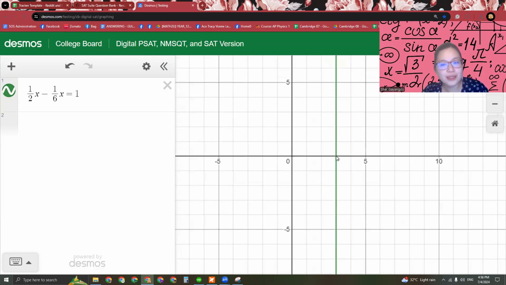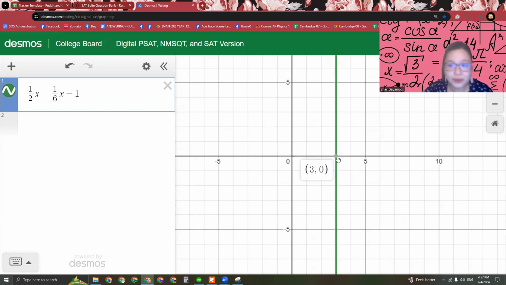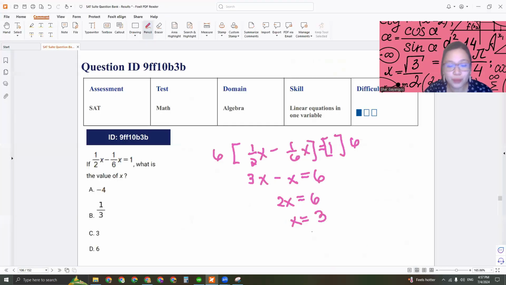Okay, again, whenever you're solving for an equation solution, all you have to do is to look for the x-intercept, the point where the graph crosses the x-axis, or when y is equal to 0, and that's when x is equal to 3. Confirming what we have here, x is indeed equal to 3.